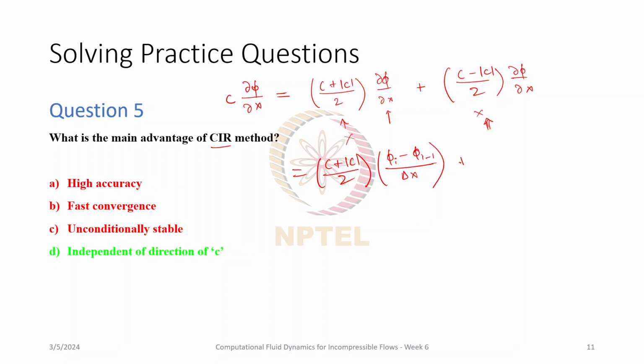So upwind. And once again, for the other scenario, when C is negative and the second term remains and the first term disappears, we need to discretize this ∂φ/∂x in a way that is upwind in that scenario. So we have to take a forward difference then.